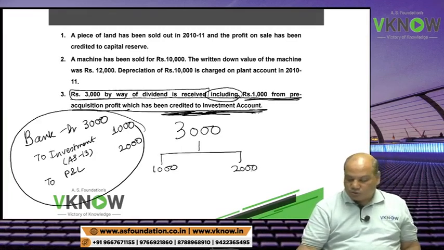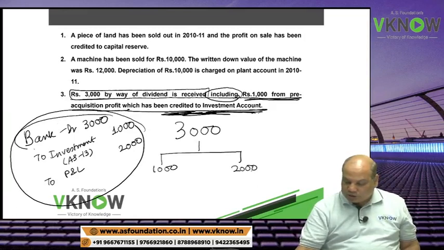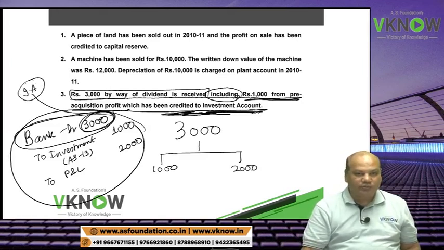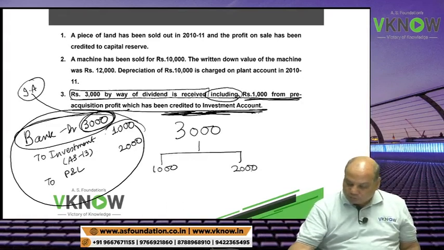Remaining 2,000 they have credited to P&L account. So what we are going to do, total dividend income 3,000 will be shown in investment activity. Investment account we are going to prepare, and you write on the credit side of investment account 1,000.